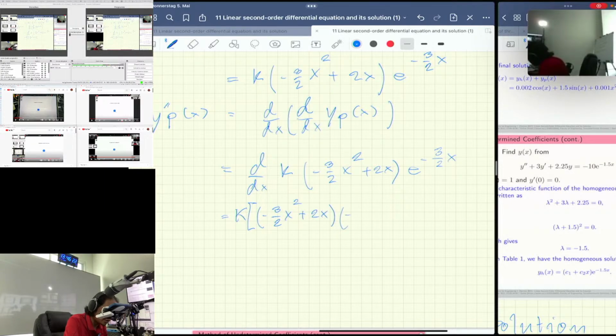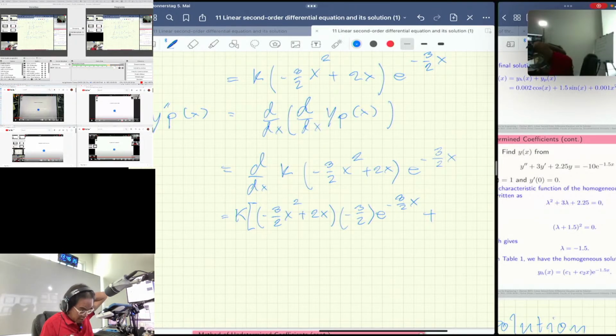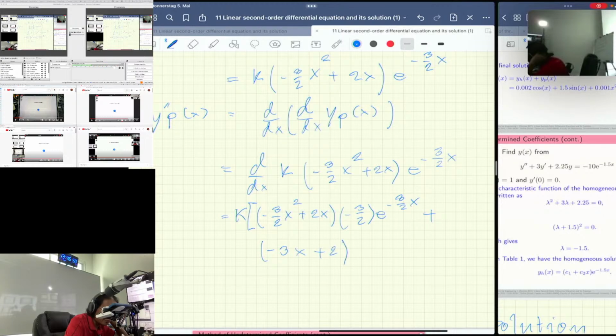negative 3 by 2 exponential negative 3 by 2 x again, plus, in front of that, you get the differentiation of this one, so negative 3x plus 2, exponential negative 3 by 2x.